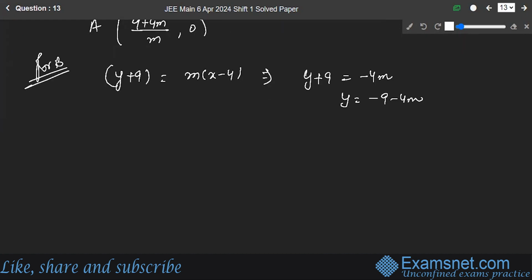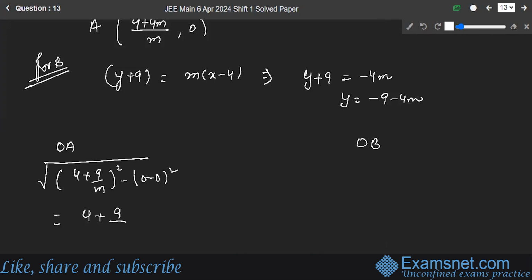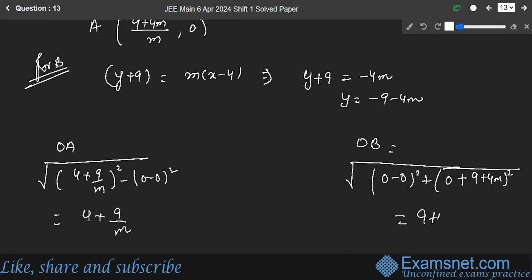So what will be your OA and OB? OA will be given by root of 4 plus 9 upon m whole square, minus 0, which will give you 4 plus 9 upon m. And OB will be equal to root of 0 minus 0 square plus 9 plus 4m whole square, so this will be equal to 9 plus 4m.